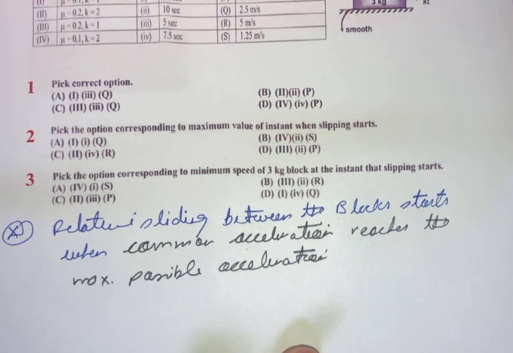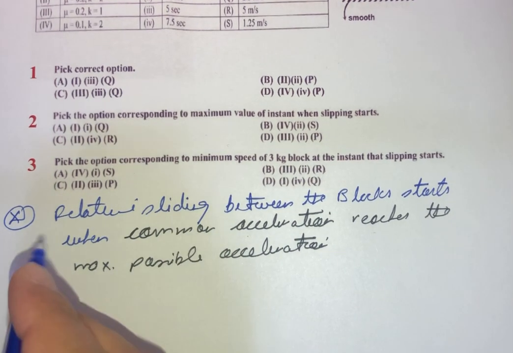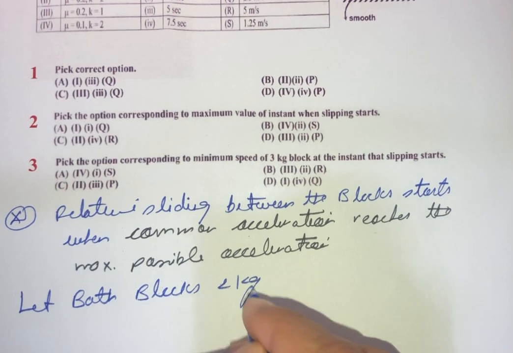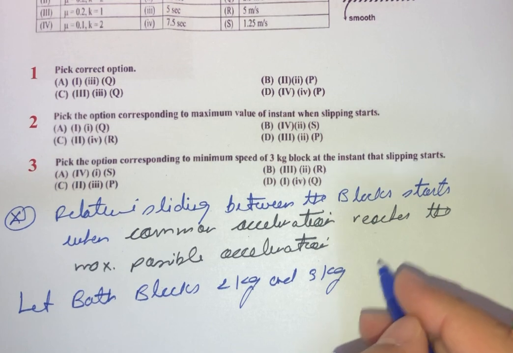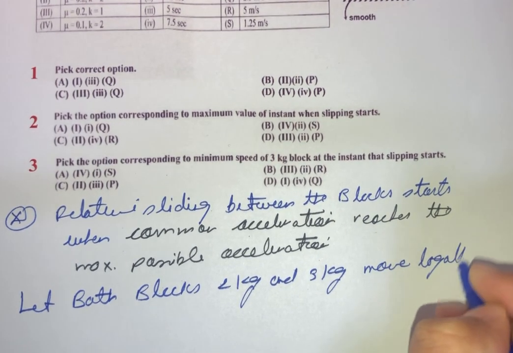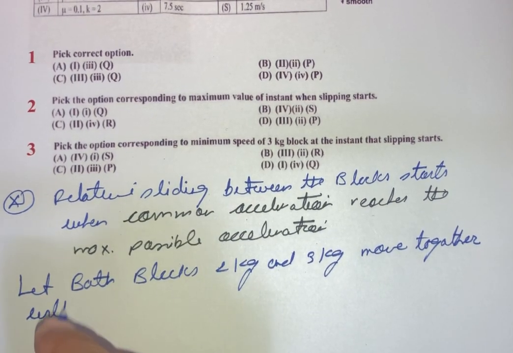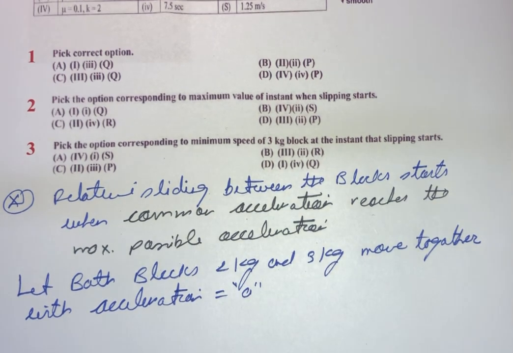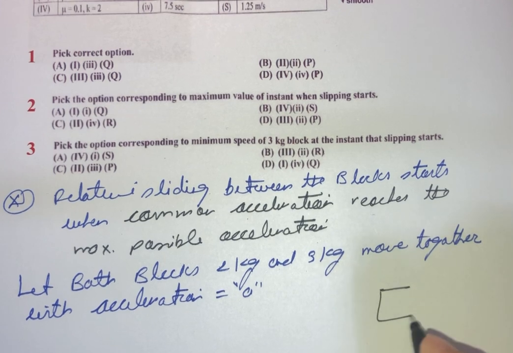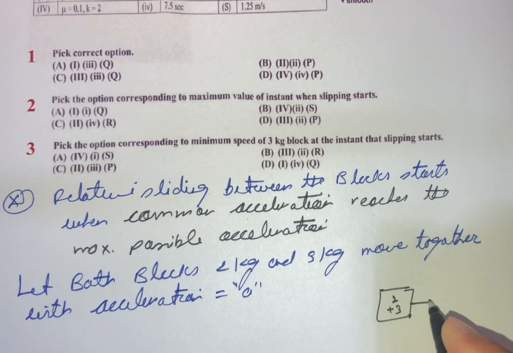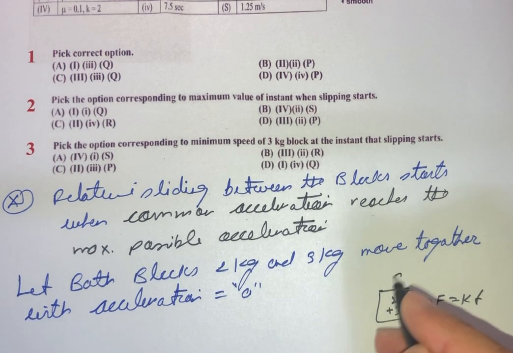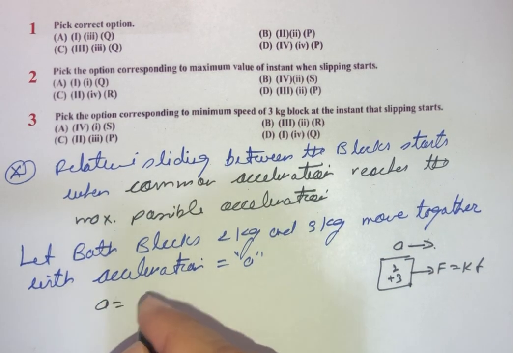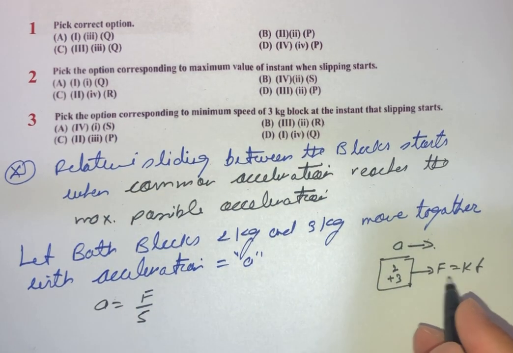So let both blocks, 2 kg and 3 kg, move together with acceleration A. The total mass is 2 plus 3, and we have a force F, given as kt, so we can easily write the equation for A. A is equal to F upon 5, and F is kt.